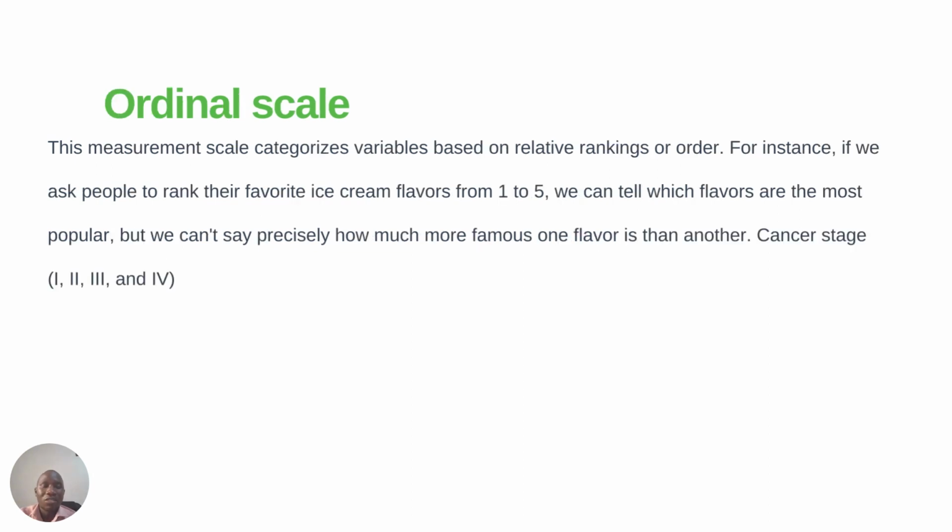The next one is the ordinal scale, which basically means that the variables have to be ranked in a way. They have rankings, or they possess a kind of order. For example, if you have a patient who has cancer, you may be interested in understanding what stage of cancer this patient has, because the stage of cancer may determine the prognosis and also the nature of care that is being provided.